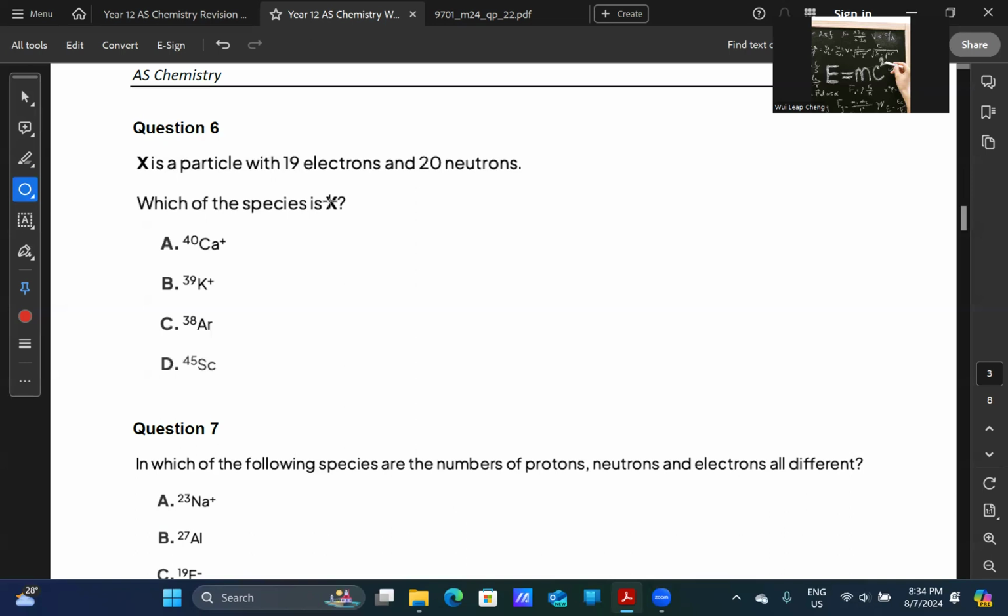Let's start with option A. The atomic number of the calcium is 20, if you check from the periodic table.